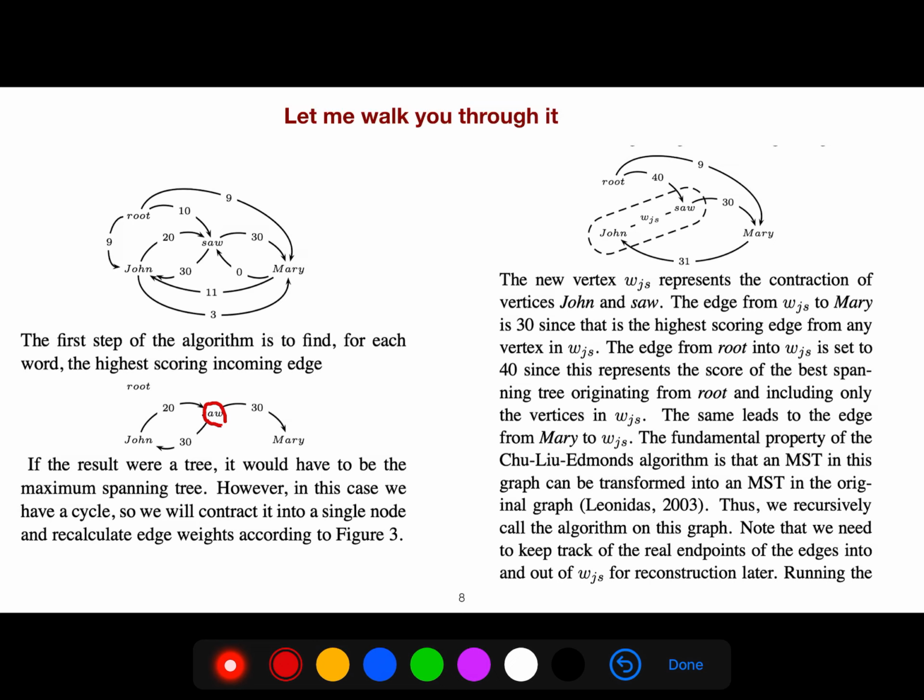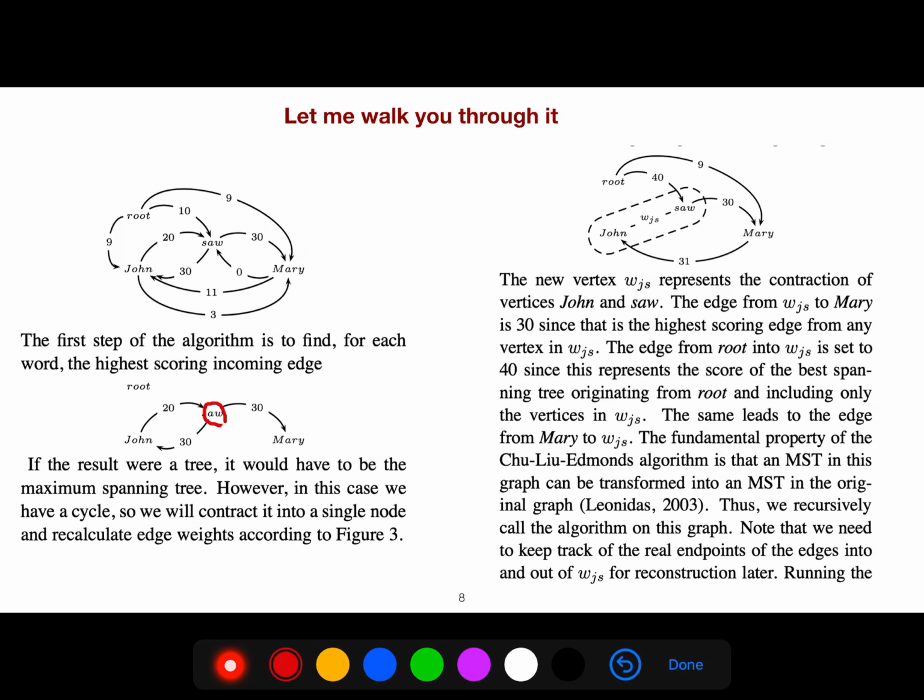But now it's not a tree. In this case, we have a cycle. You see 20, 30 is a cycle, so it's not a tree, and the algorithm does not end here. In that case, we have a cycle, so we will contract it to a single node.